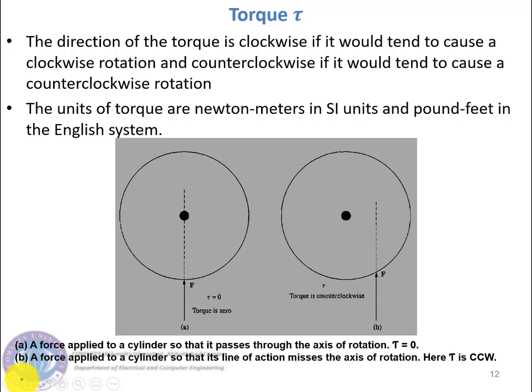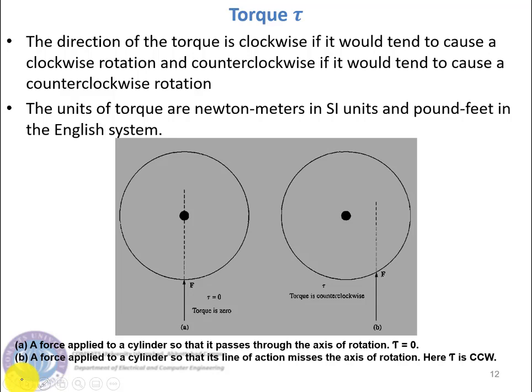Again, this is just our assumption: we take clockwise torque as positive, and counterclockwise if it would tend to cause a counterclockwise rotation. The units of torque are Newton meters in SI units and pound feet in the English system.